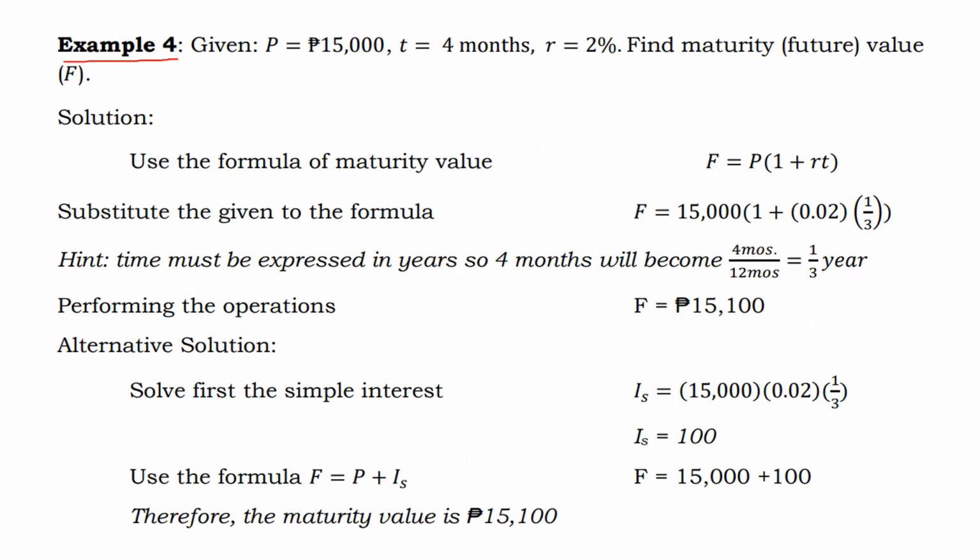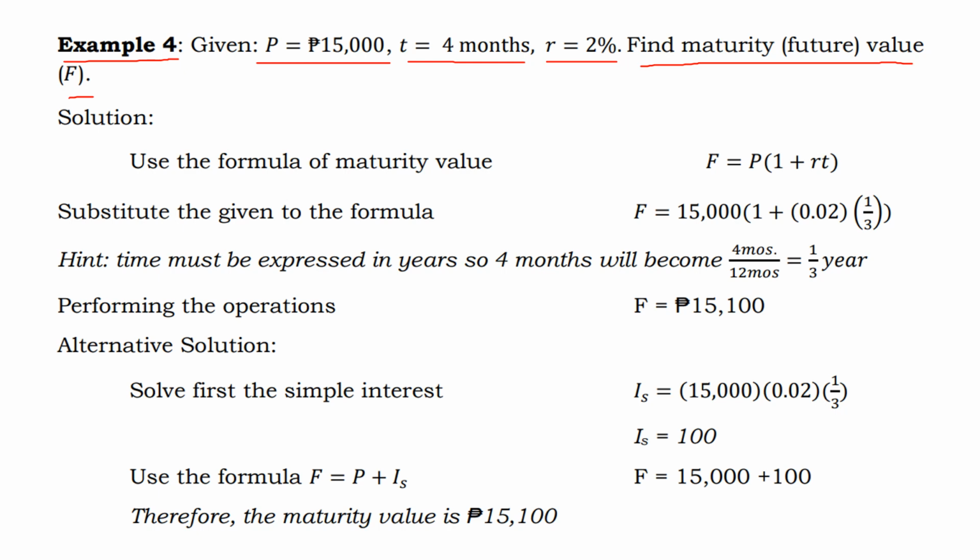So for example number 4, given your principal P is 15,000 pesos, your T is 4 months, your R is 2%, find the maturity or future value F. With this one, we apply F is equal to P plus I. Your P is your principal and your I is your simple interest.